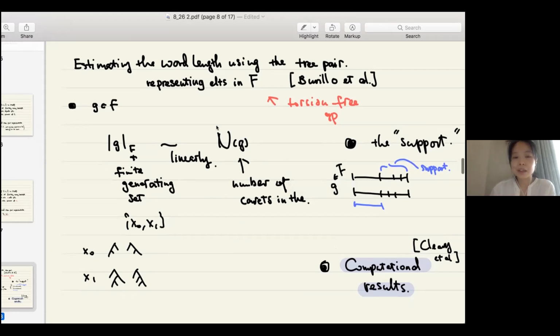So this is in fact a really good estimation of the word length.